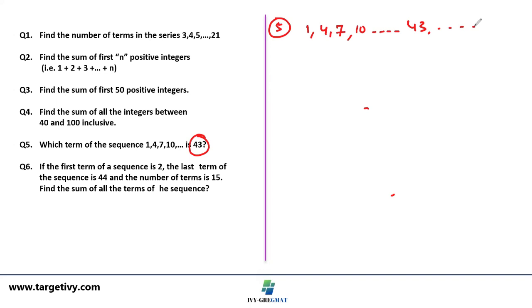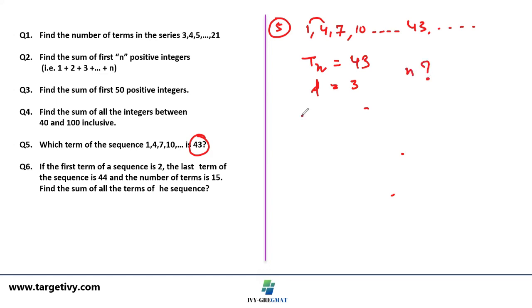What is asked for is n, where Tn is given as 43. The common difference d between the terms is 4 minus 1, which is 3, or 7 minus 4, which is 3. We are being asked the value of n.